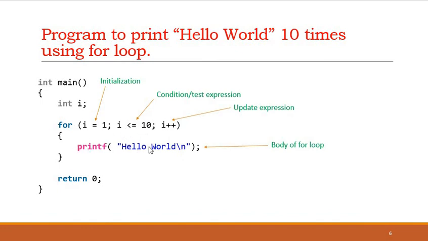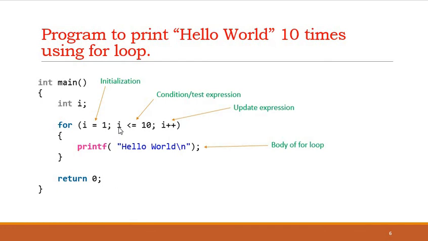So we will go to printf hello world. This hello world will be printed the first time. Then after that we will go to the update expression. Update expression means I++, so the value of I will be increased by 1, and now the value of I will become 2. Then we will go to I <= 10, this condition or test expression.